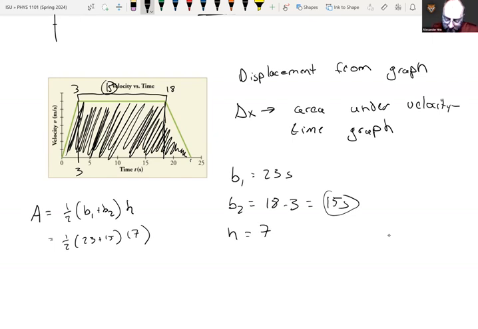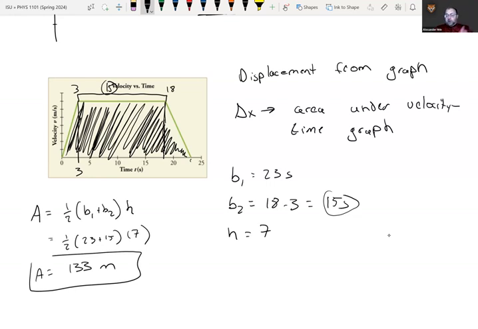So 23 plus 15 is 38, times 1/2 is 19. 7 times 19 is 133. So your area would be 133. So that means you get about 133 meters.